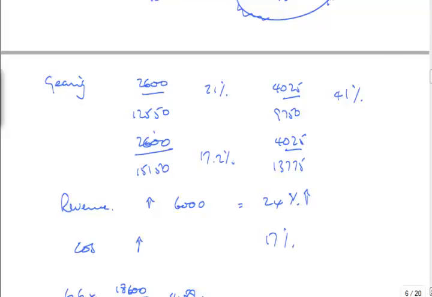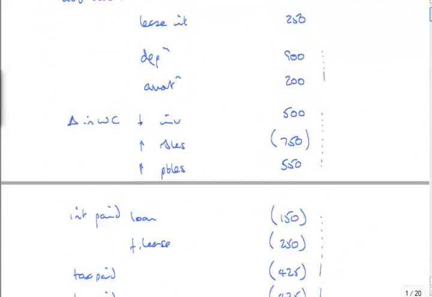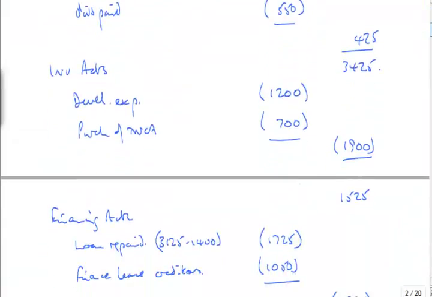4,025 divided by 13,775 is 29%. So a lot less dependent on other people's financing. Again, if I go back up here to the cash flow, we can interpret some of this cash flow and say we are making enough from our operating activities to finance this development expenditure and the purchase of tangible non-current assets.